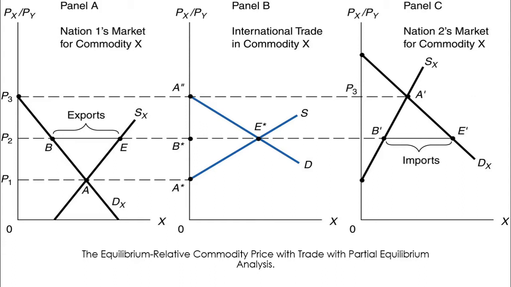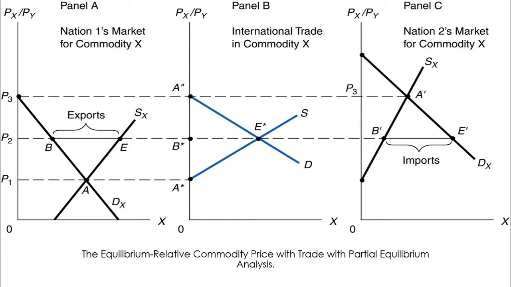And we can also see that at price P1, demand for X is equal to supply of X, and nation 1's market is in equilibrium corresponding to price equal to P1.